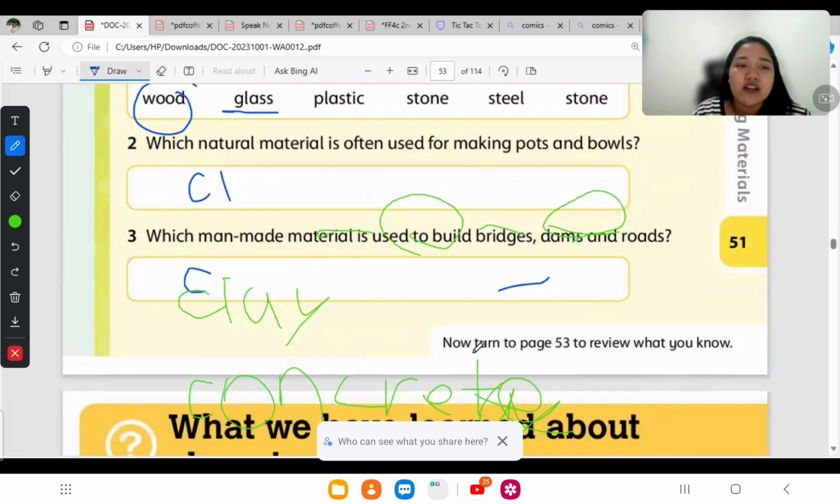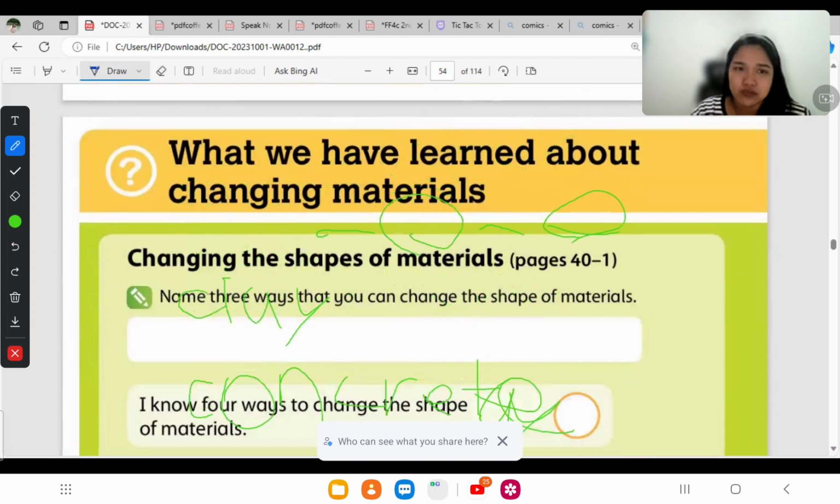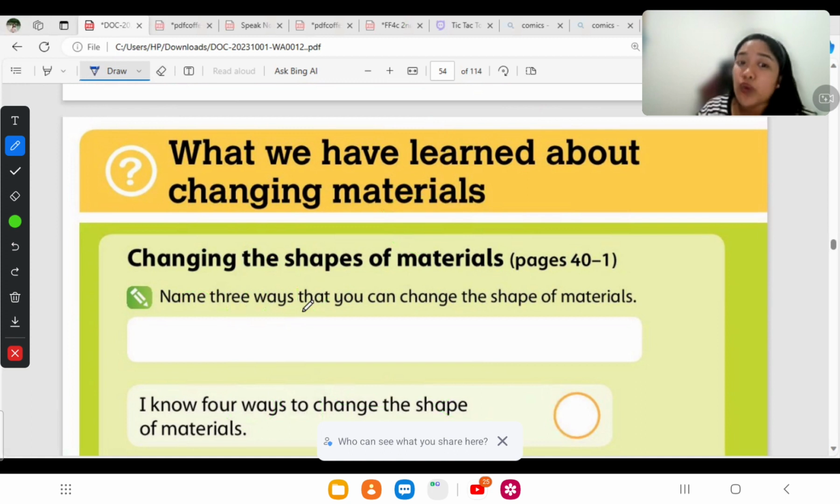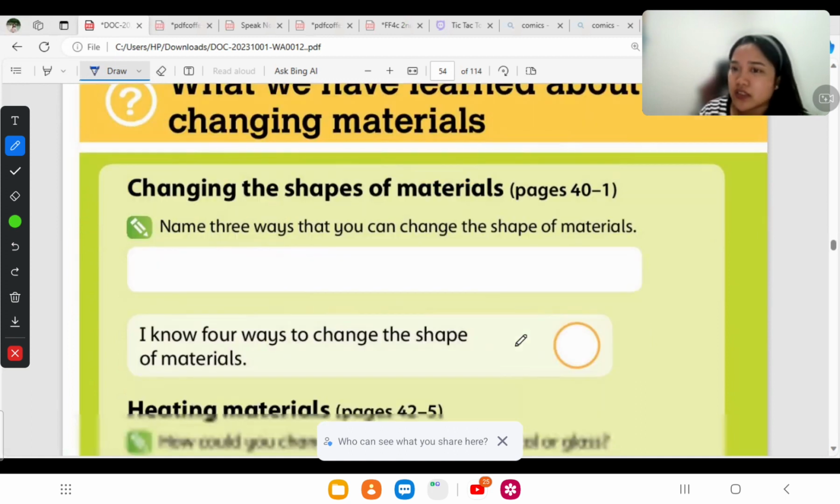Awesome. So now, the next lesson: what we have learned about changing materials. Let's review now, Isabel. Name three ways that you can change the shape of materials.